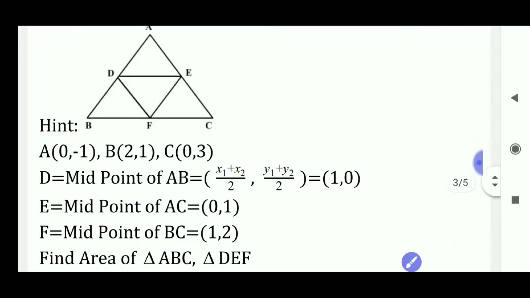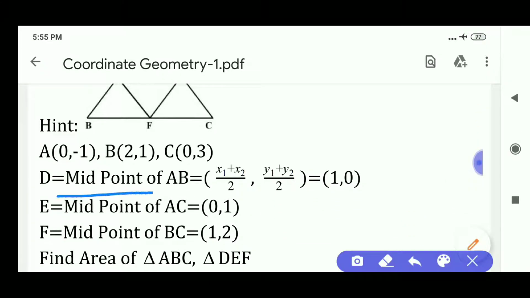Now you know the formula for the midpoint: x1 plus x2 by 2, y1 plus y2 by 2. So when we come to AB, x1 plus x2 by 2, 0 plus 2 means 2 by 2 is 1. y1 plus y2 by 2, minus 1 plus 1, 0, and 0 by 2 is 0.